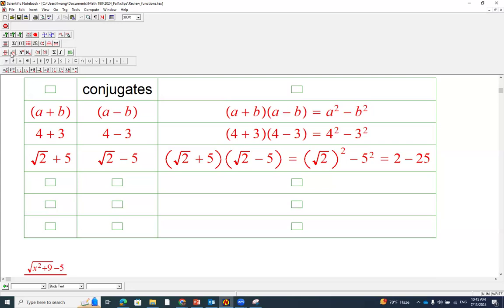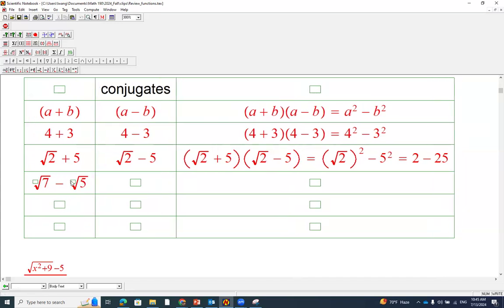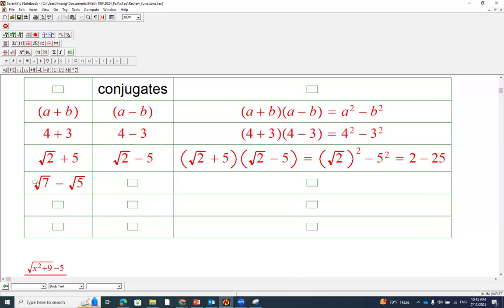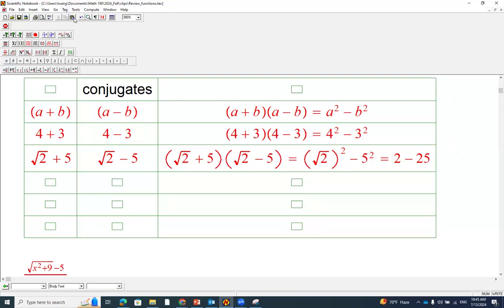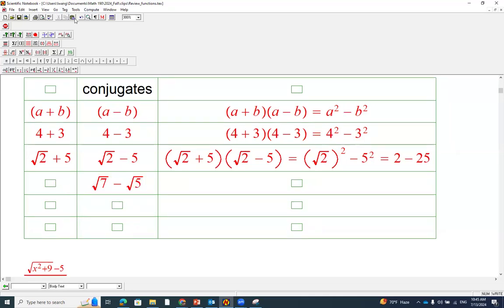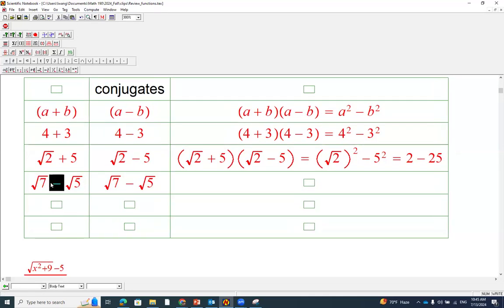What if we have root 7 minus root 5? We can put it on this other side, it doesn't matter. Its conjugate is root 7 plus root 5.